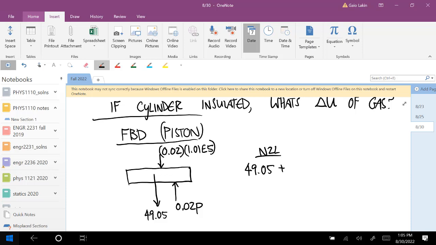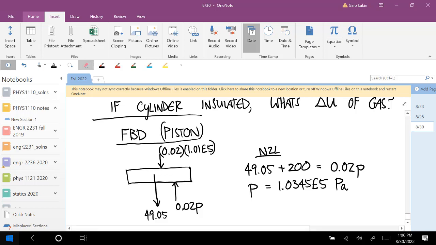Yep, that's what I got. And that's equal to 0.02 times the pressure. And now if you solve for P, hopefully you get 1.0345 times 10 to the 5th pascals. Yep, that looks right to me.